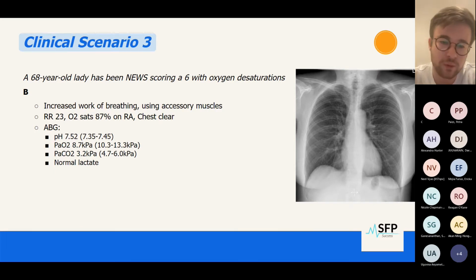So now that we've done that, we've started them on some oxygen. Say our oxygen saturations are now improved. Do you want to move on to the next part so we can talk a little bit more about C? Yes, C. So first of all, assessment. So measure her pulse and blood pressure. I'll check her capillary refill time, see if it's less than 2 seconds.